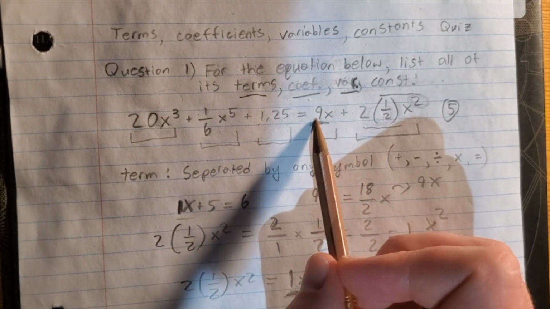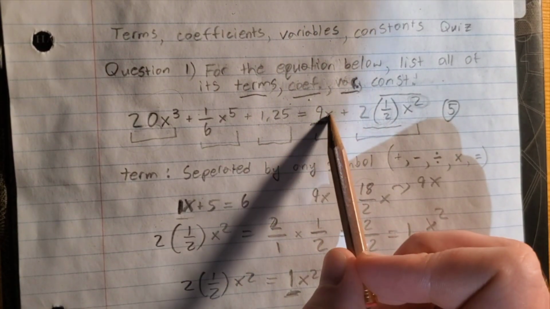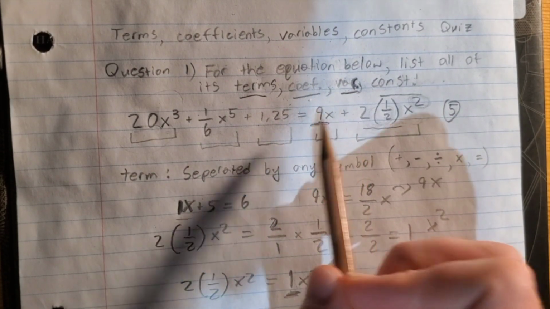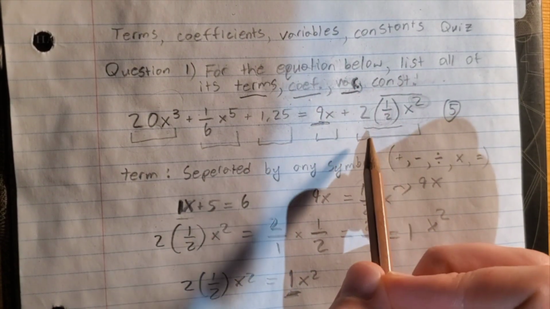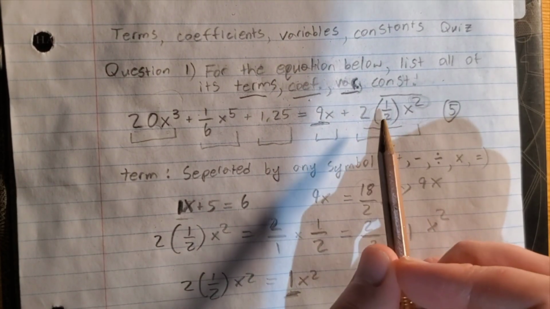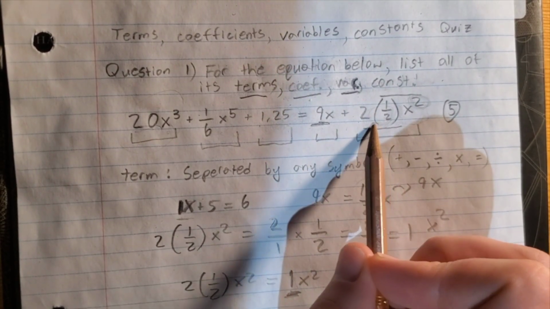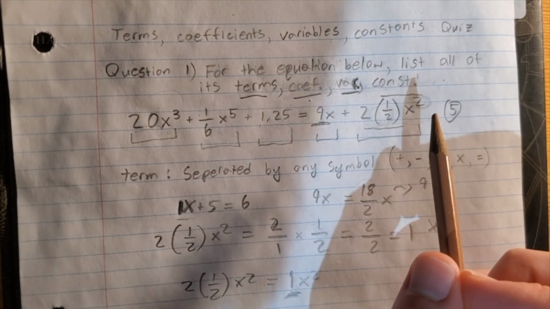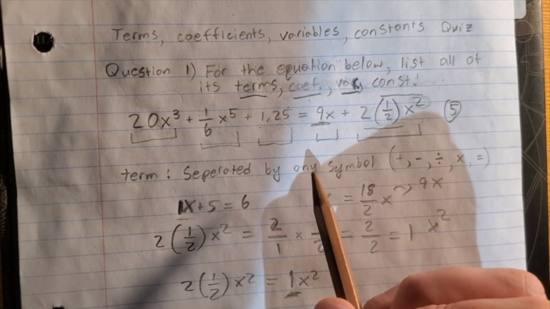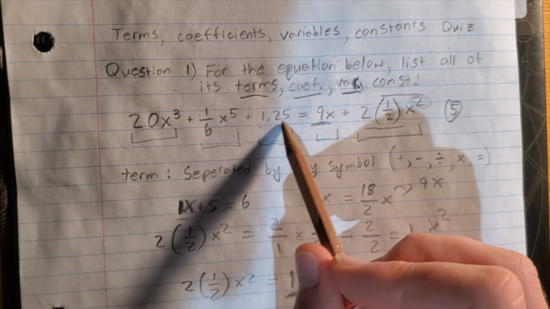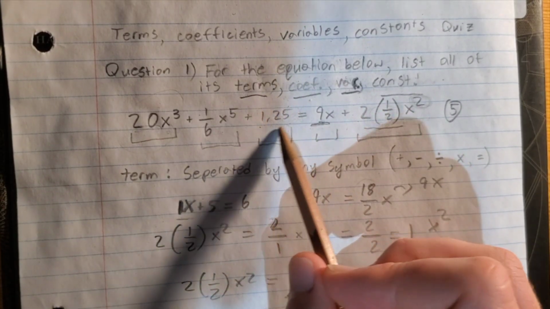Next one, 9x. I see an x. That means it's going to change. Simple. 2 times 1 over 2. Oh my gosh. That's just 1. No need to panic. That's just 1. X squared. I see an x. That's all we need to see. It's going to change. Therefore, the only constant we have is this 1.25 right here. Okay?